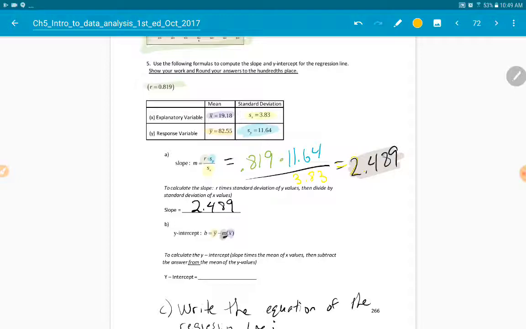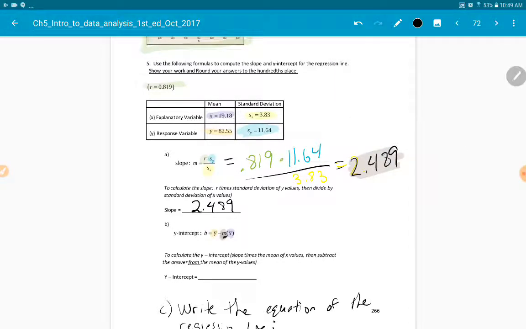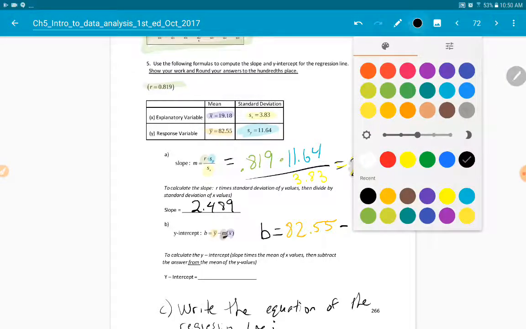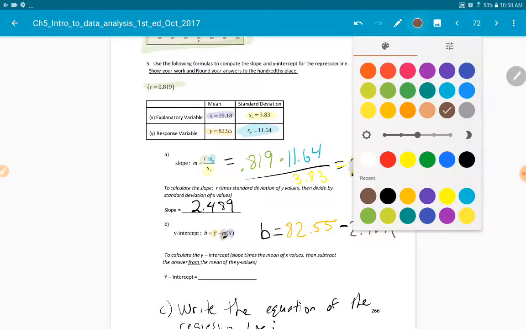So then I'm just going to plug and chug. So I get b equals the y bar, which is 82.55, minus m, the slope, and that was 2.489, times x bar, or the mean of x, which is 19.18.